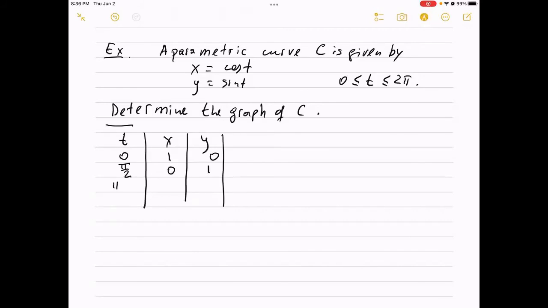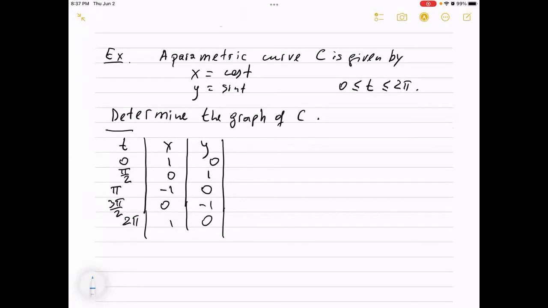Next, t equals pi: x equals cosine of pi, negative 1, y equals sine of pi is 0. Then 3 pi over 2: cosine of 3 pi over 2 is 0, sine of 3 pi over 2 is negative 1. And one more point, t equals 2 pi: x equals 1, y equals 0.